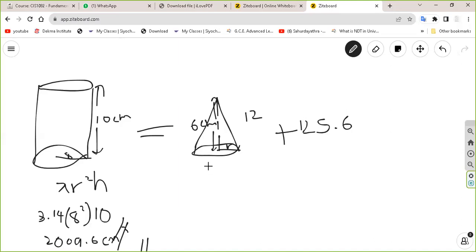So what is the formula to find the volume of a cone? One over 3 into pi r squared h. Then one over 3 into pi, which is given.